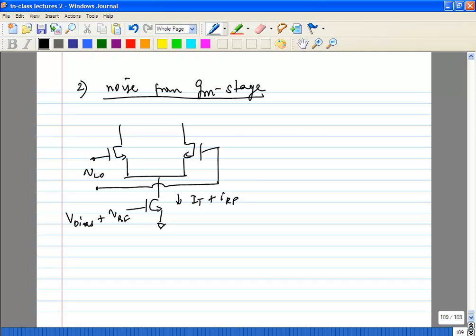Have a VLO here, right? And we know we are replacing these by some S(t). So this goes back and forth, switches.